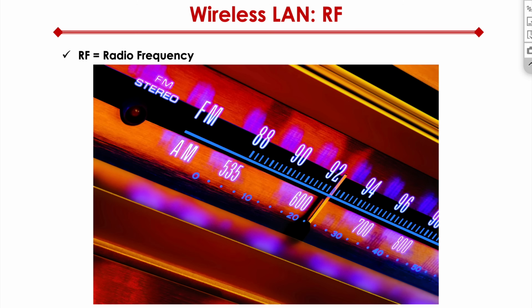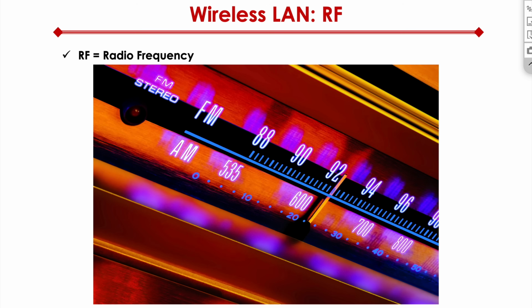You have either AM or FM channels, and you can connect to 92.3, and you might connect to hip hop. If you switch it to 96.6, you might connect to jazz. And if you switch it to 99.7, you might connect to classical music.